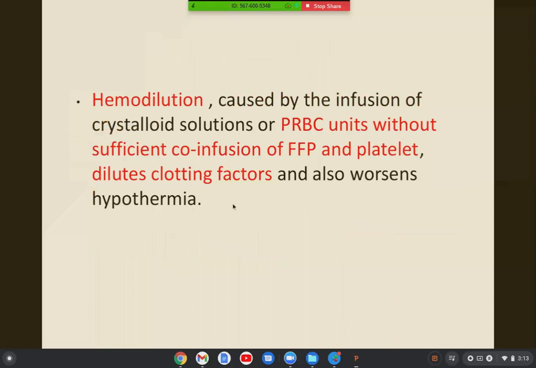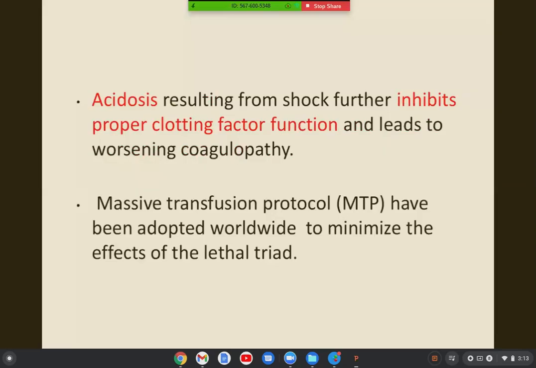And because the blood stored in the blood bank will be a bit colder and will not be adequately warmed, and in an emergency we try to rush and put in blood, this extra load of cold is going to add more and will worsen the problem of hypothermia. Acidosis results from the shock, which further inhibits the proper clotting factor function, and it leads to worsening of coagulopathy.